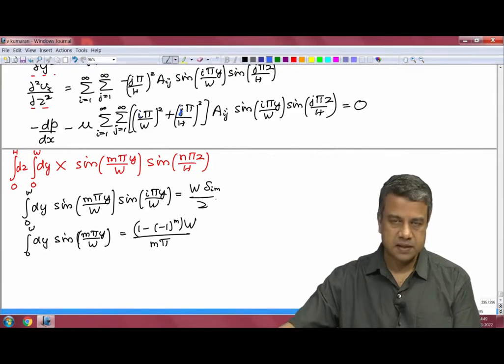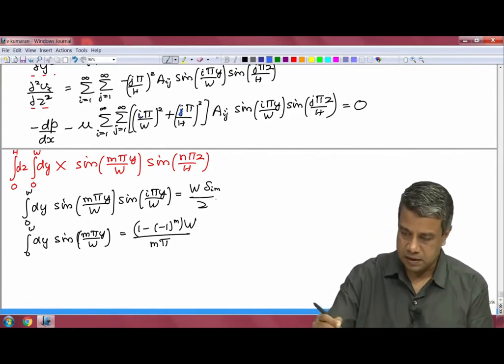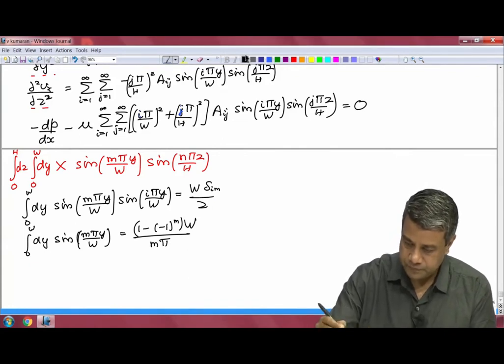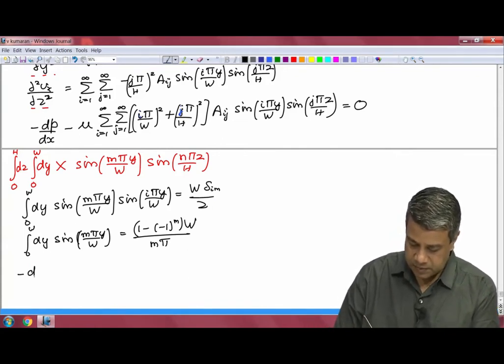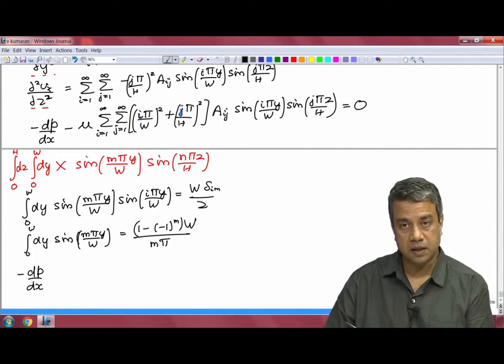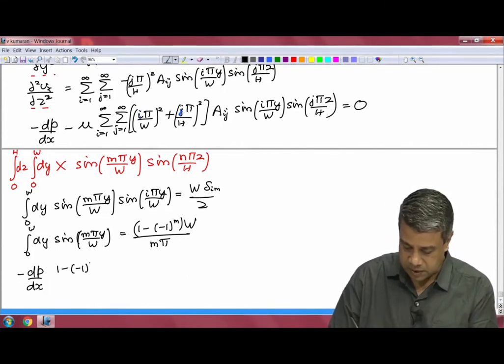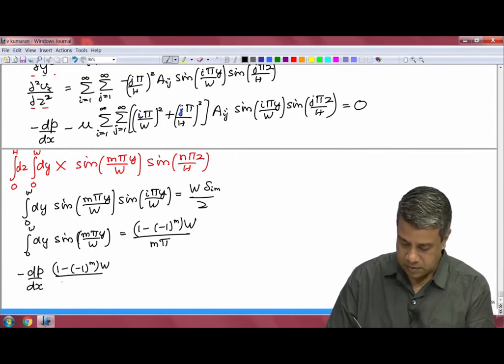So, when you multiply this entire equation and integrate, what you will get is minus dp by dx into these two integrals, one for w and the other one for h. So, I will get 1 minus (minus 1) power m, w by m pi, into the h term.